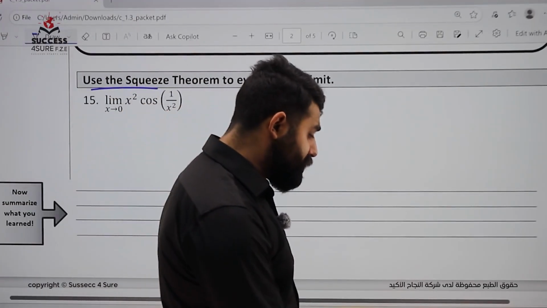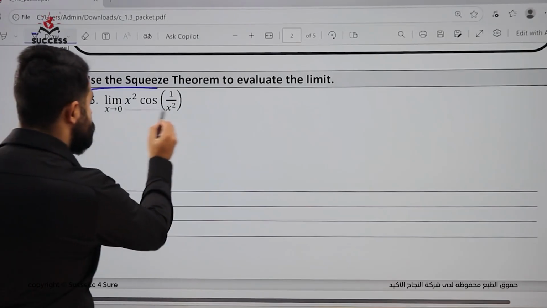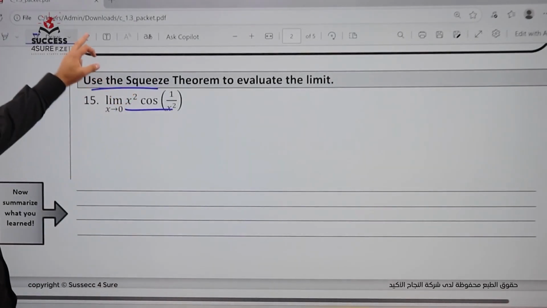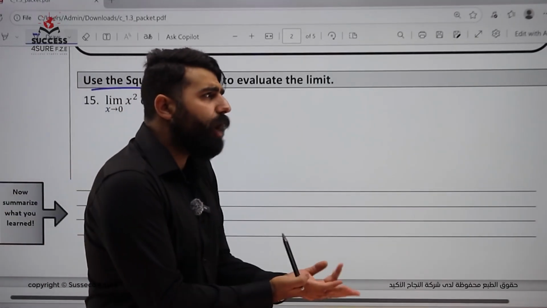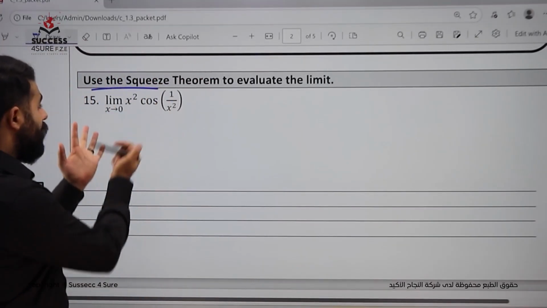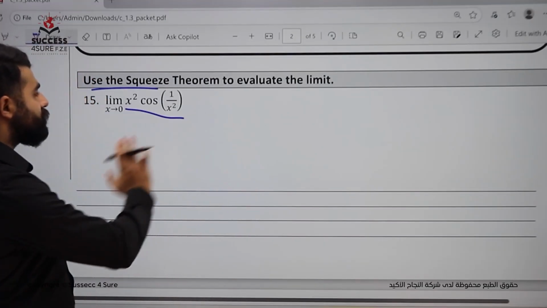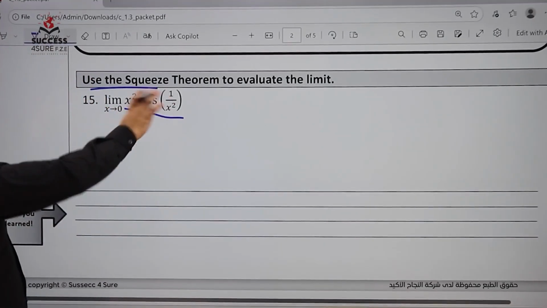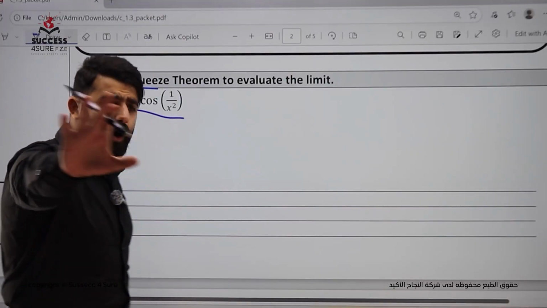Now, the squeeze theorem states that you have to put your function, the one that you have the limit for, between two functions that you know, all right, guys? We don't know this function, but maybe we know another function. You have to start with something you know everything about. We know everything about the cosine.